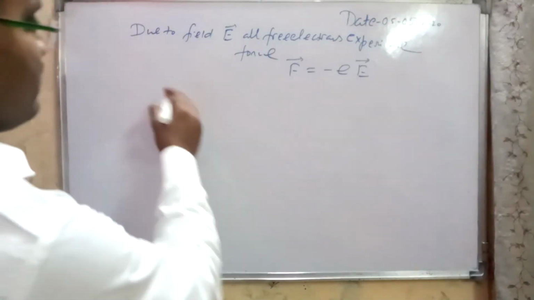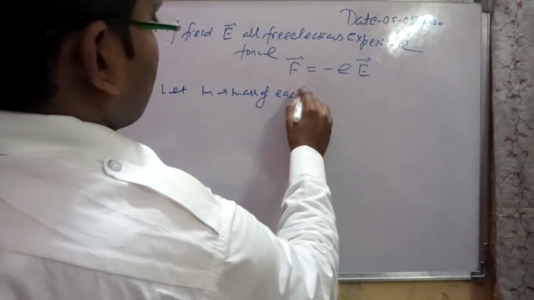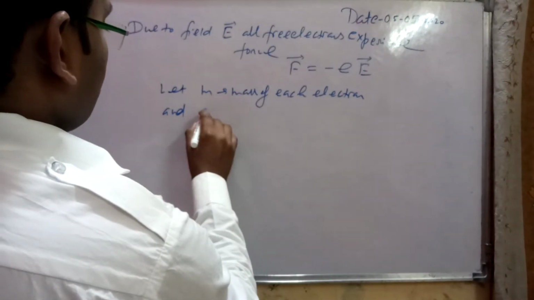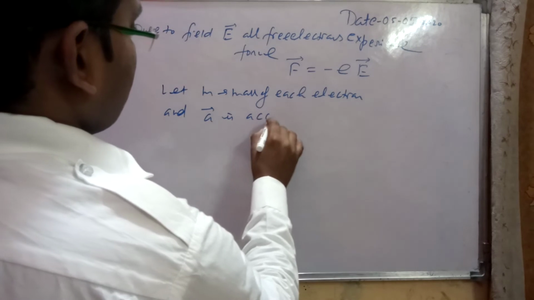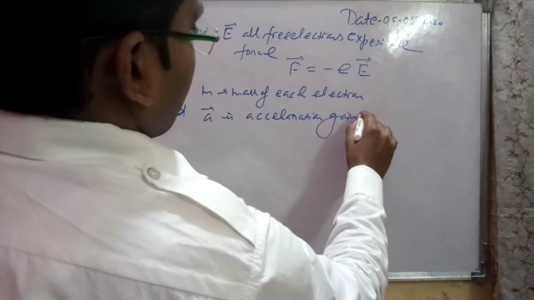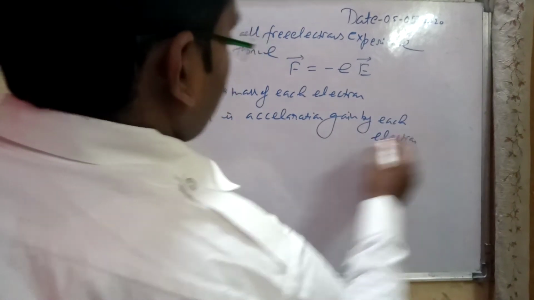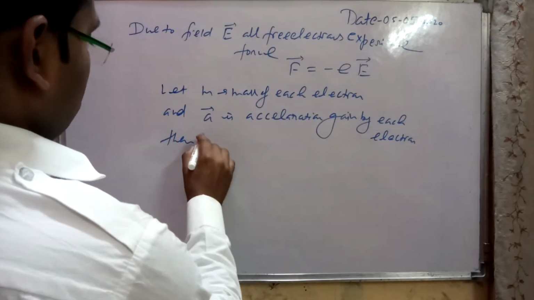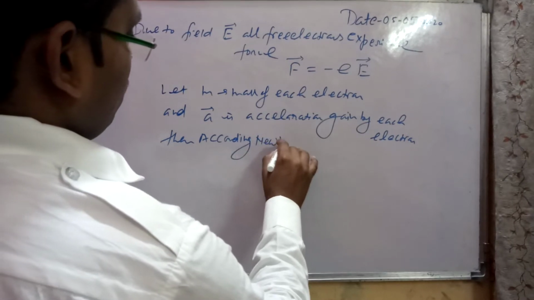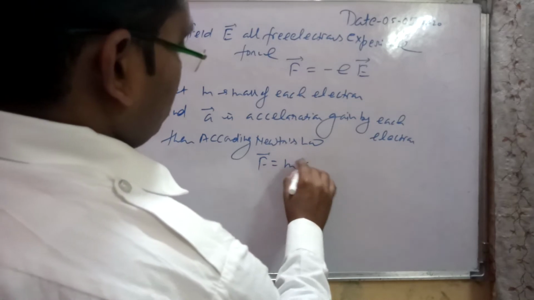Now here we let m be the mass of each electron and small a be the acceleration gained by each electron. Then according to Newton's law, F is equal to ma.